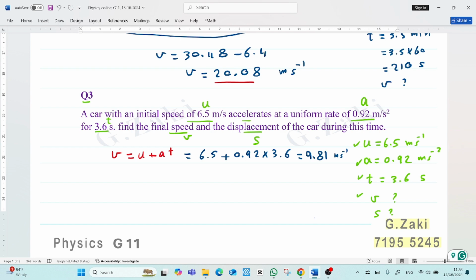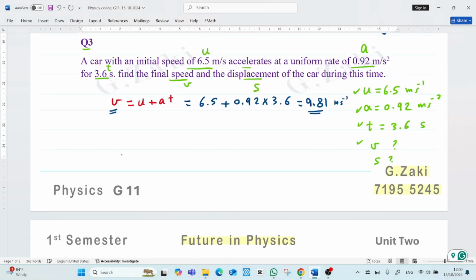Find the displacement. In physics, it's better not to depend on your previous answer. So don't depend on this answer for two reasons. Maybe this answer is wrong. The second reason, it's not an exact value. It's a rounded value. It is an approximation value. Now, u, a, t and we need S. So S equals ut plus half at squared.